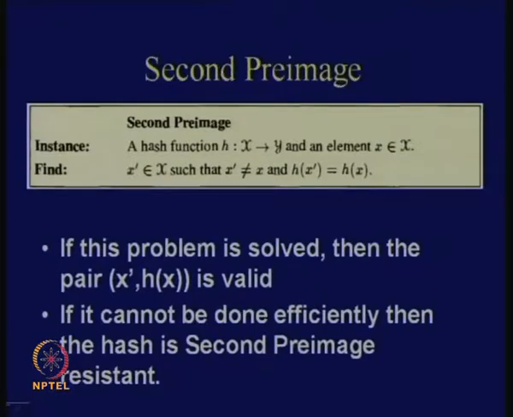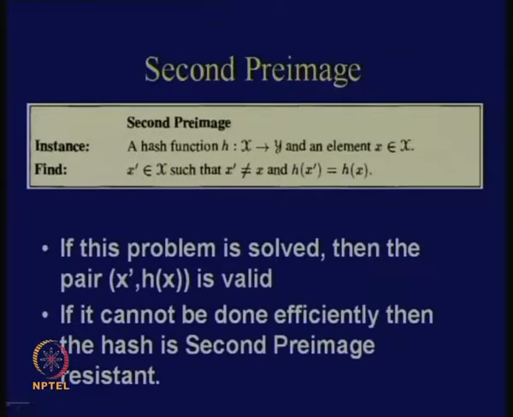So where is the difference? Suppose you have an algorithm which solves the pre-image problem; it will not necessarily solve the second pre-image problem. Why? Because in the pre-image problem you are just giving the inverse, but in a second pre-image problem, if you use the same algorithm, you can get back x itself.